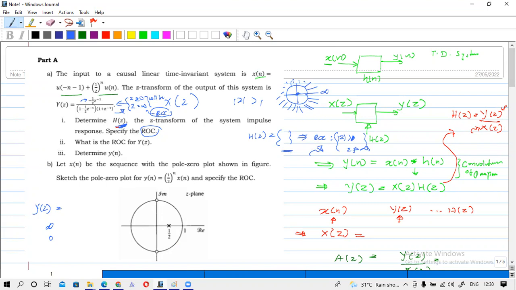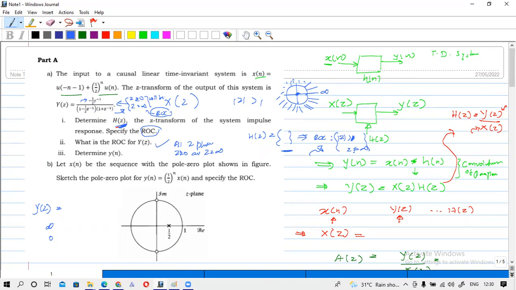If you are clear with this, you are okay with this one also. Here you are asking the ROC for Y(z). So what is the answer here? All Z plane, except Z equal to 0 and Z equal to infinity.